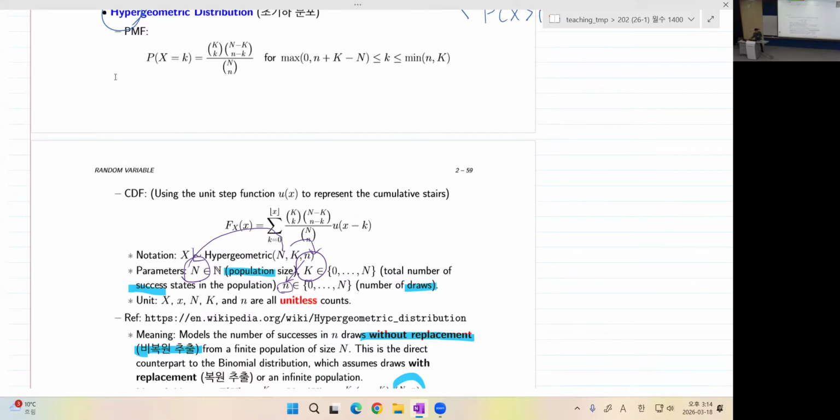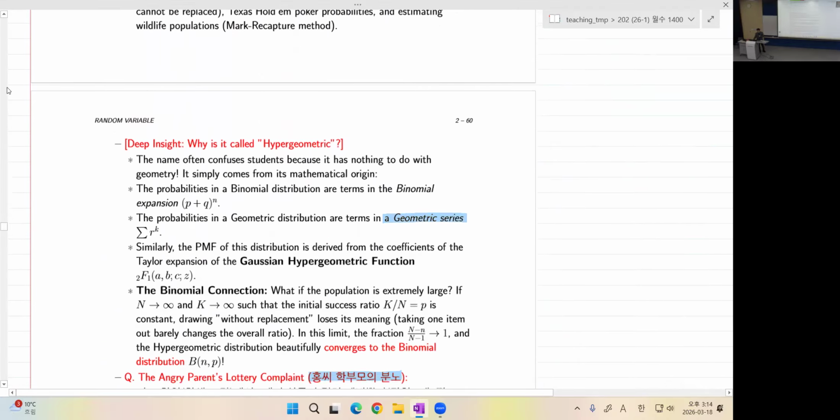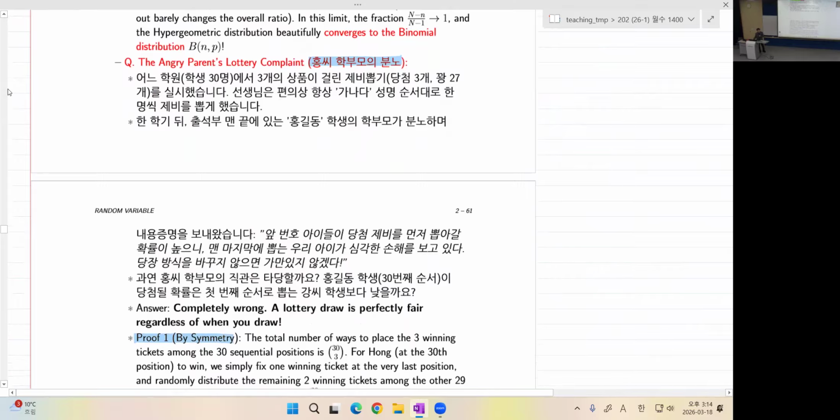Okay. Anyway, just to read this episode, a story about an angry parent, I found it on Facebook. The story is like this. You have a draw in your elementary school, and the students are sorted according to the last name. So a student whose last name starts with the first letter comes first, and Hong probably comes very, very late.